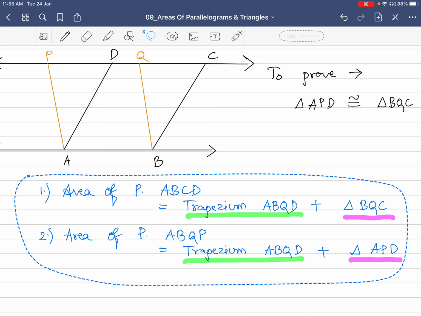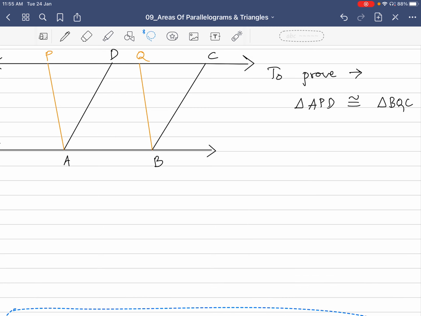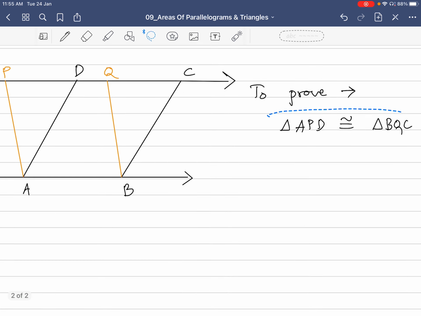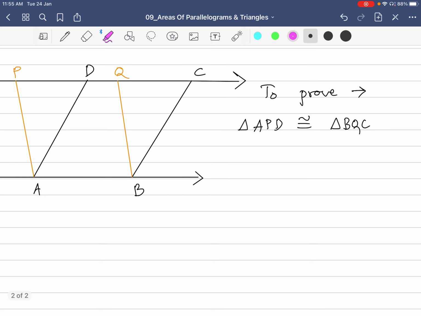So let us take this down. Now let's try to zoom in a bit. This thing we can move a bit here. So now we have to prove that this triangle is congruent to this triangle.